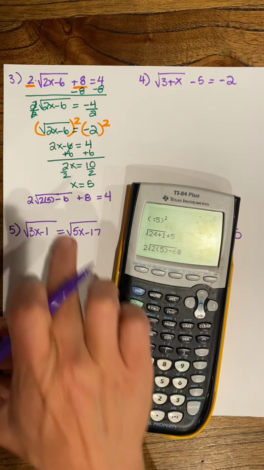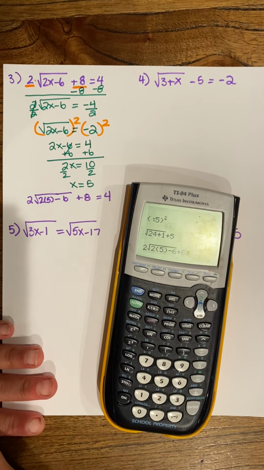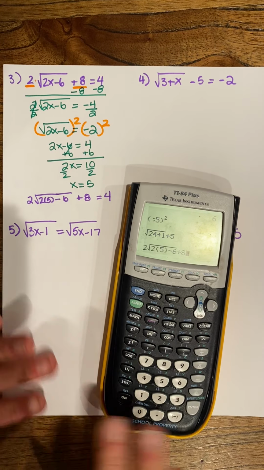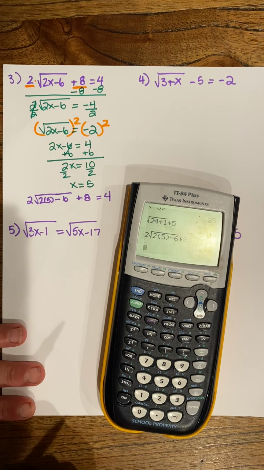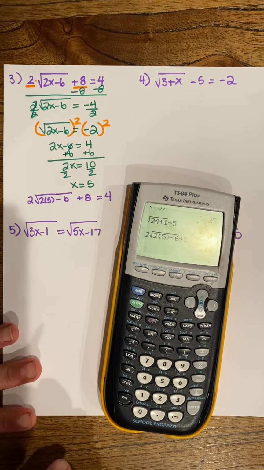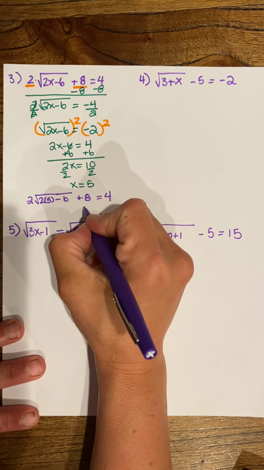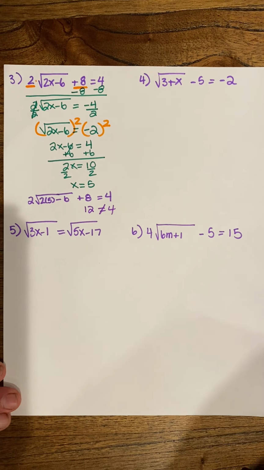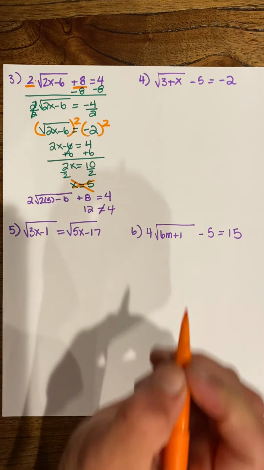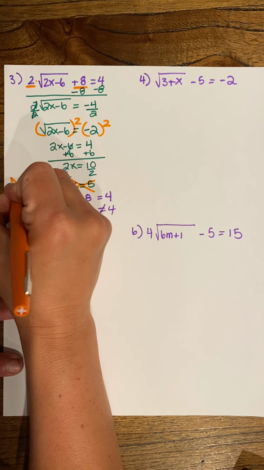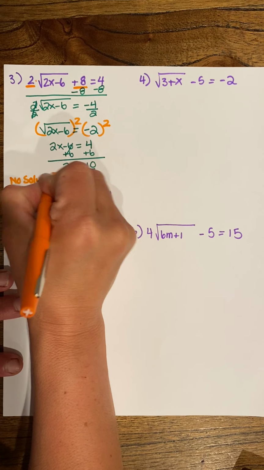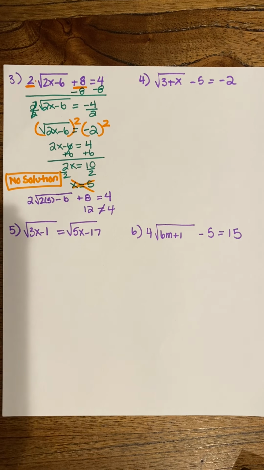Remember, we're going to hit to the right because that plus 8 is outside the radical, so make sure it's outside the radical. So you just press to the right when you're done with the radical. That's supposed to equal 4. It does not equal 4. So I end up with 12 equal to 4. Since that's not equal, this 5 has to be rejected. So this is another case where the answer is no solution. It does happen. Okay, so we get no solution.